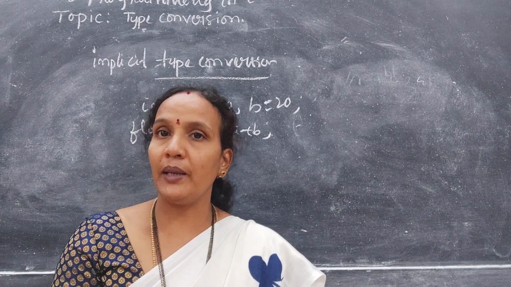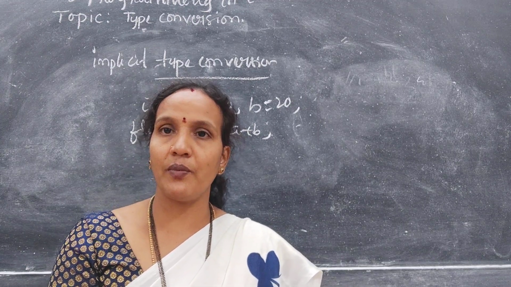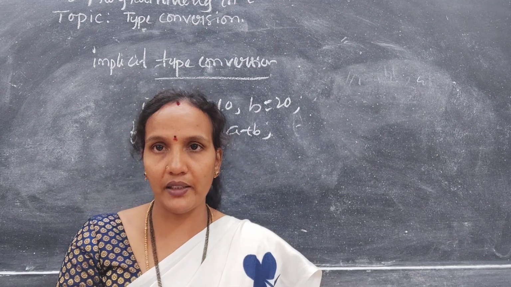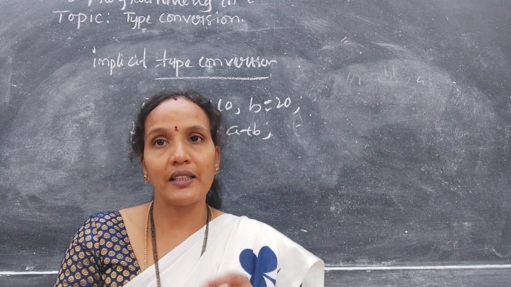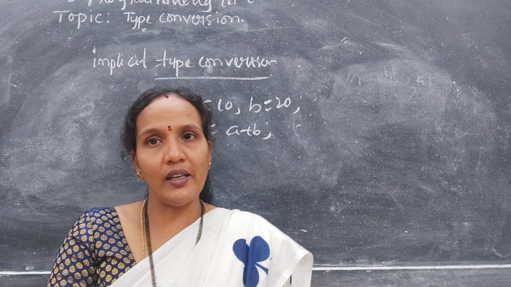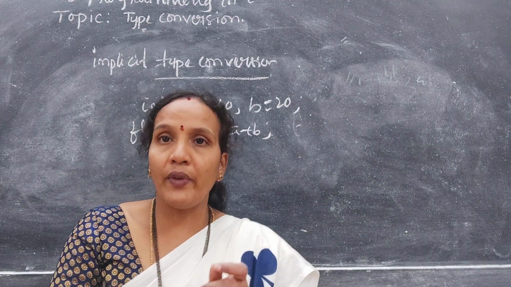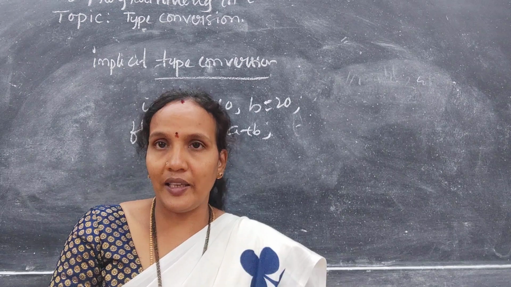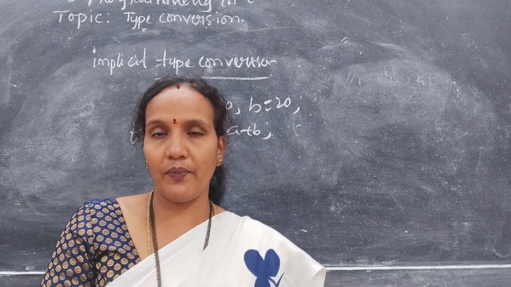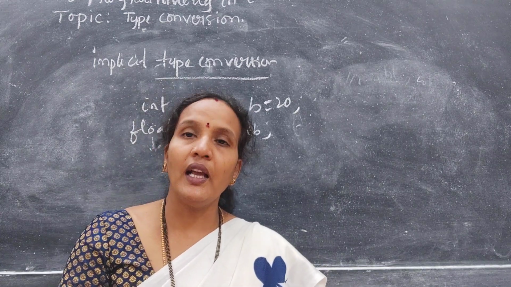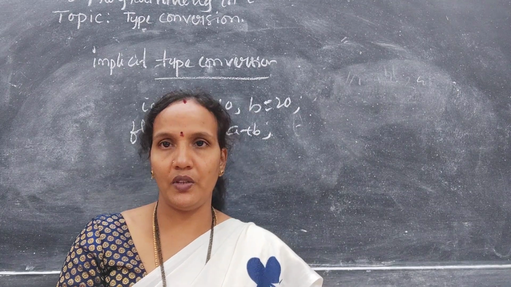So what is the implicit type conversion? If the compiler automatically converts one data type value into another data type value without taking any instruction from a user, then that is called implicit type conversion.